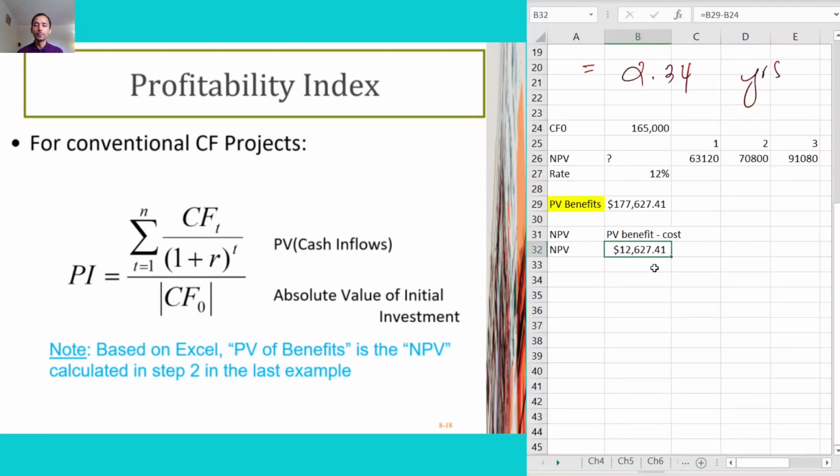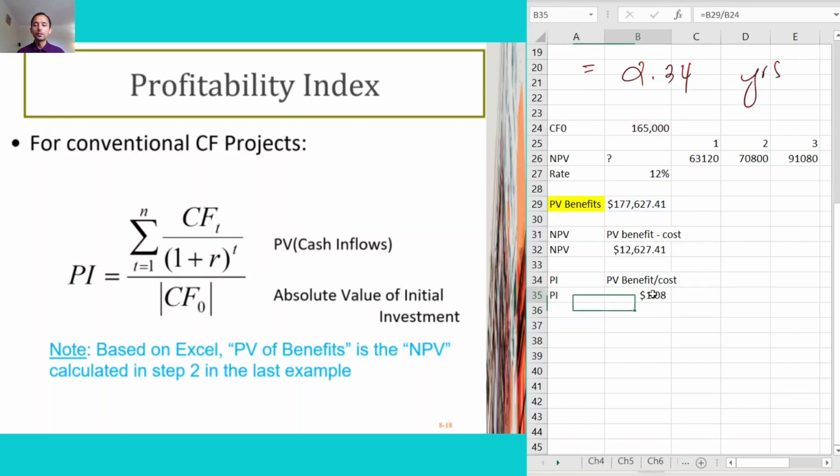Let's go back to the Excel. We calculated the benefit. All that we need to do is to divide by cost. So PI is the present value of benefit divided by cost. That's the formula. So PI therefore equals our benefit divided by our cost.